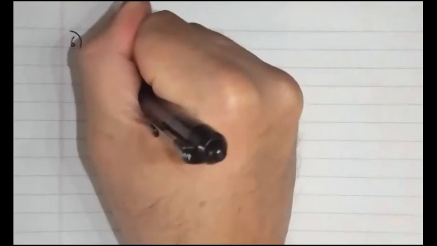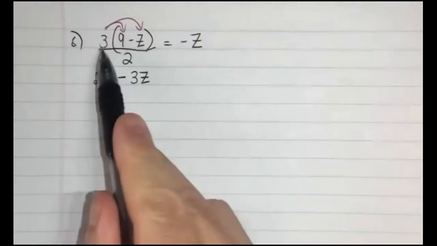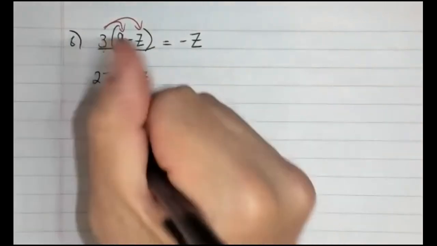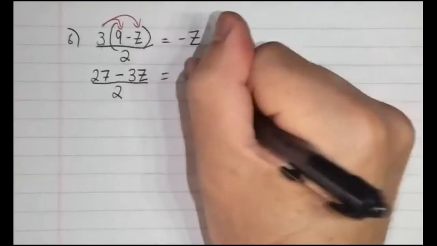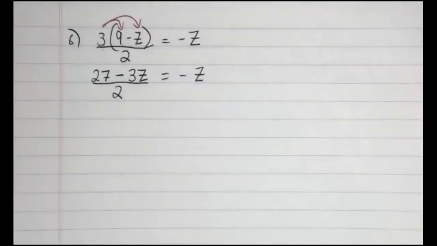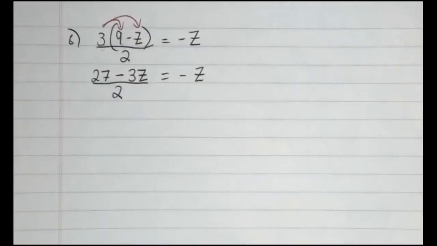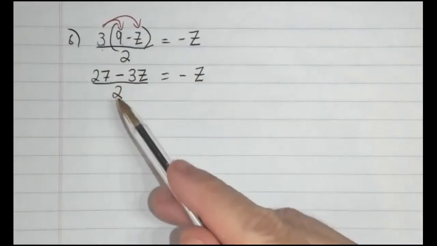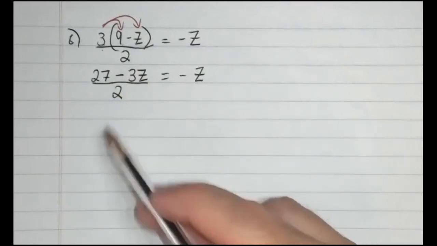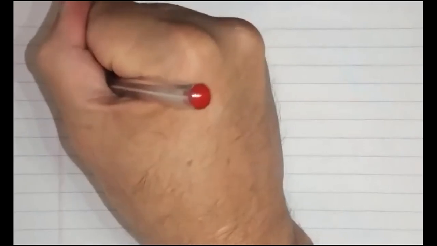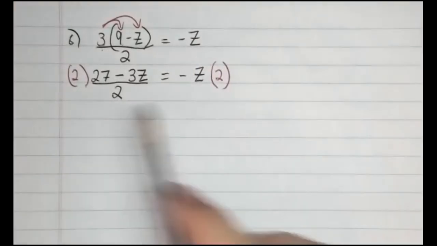So I'm going to have 27 minus 3z once I distribute that 3 into that, and then that whole thing is being divided by 2, and then it equals negative z. So distribute is the first step, and then we talk about eliminating fractions. We do have a fraction here, and the way I eliminate it is just multiply that value to both sides, or everything.